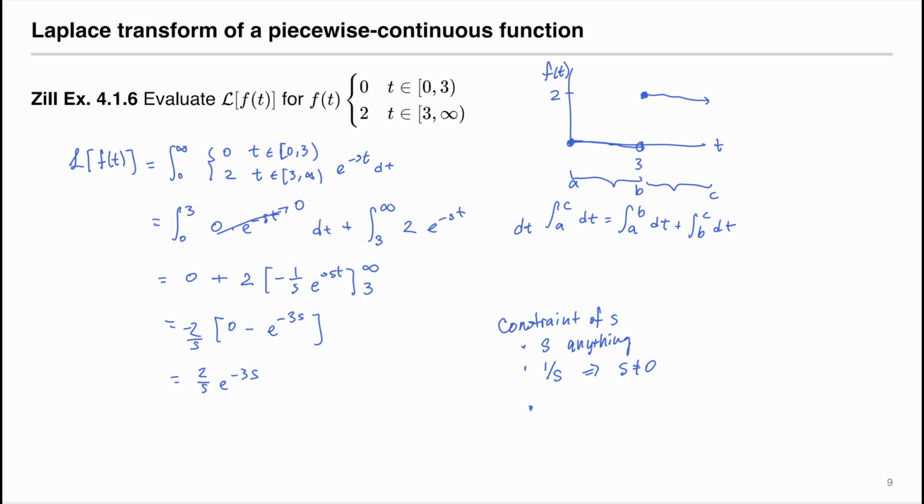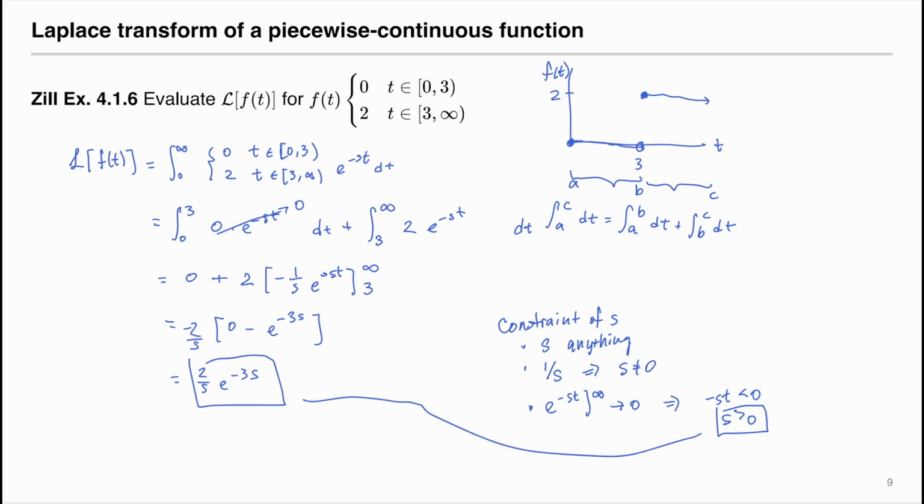And there are also places we use e to the negative s of t, evaluated at infinity goes to 0. So that gives us negative s of t is smaller than 0. So s must be greater than 0. So that is the constraint of the Laplace transform of this piecewise function.